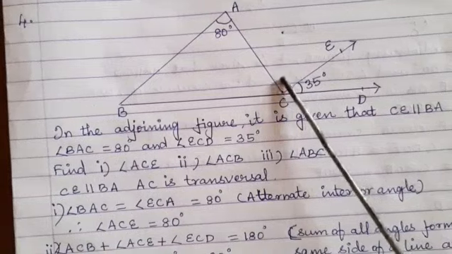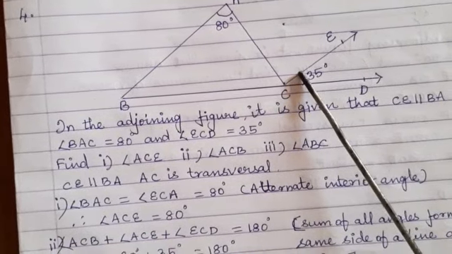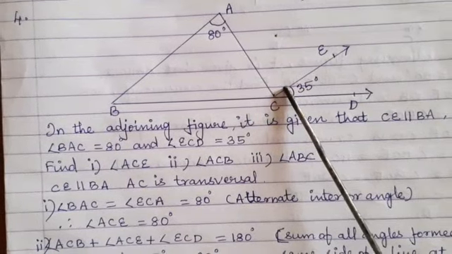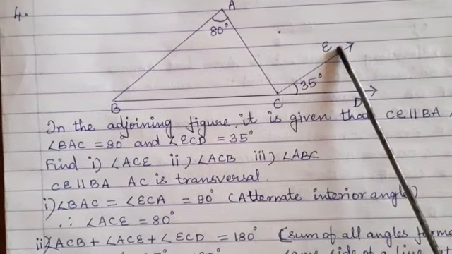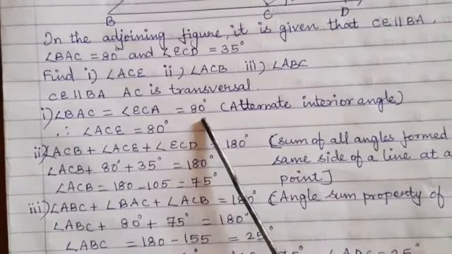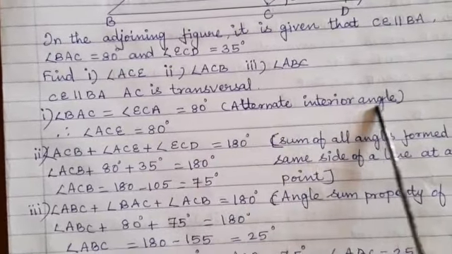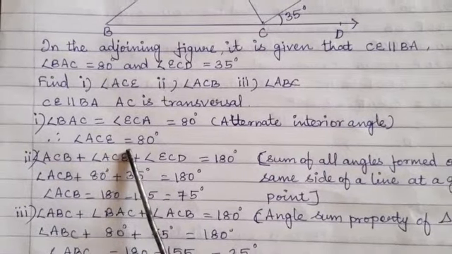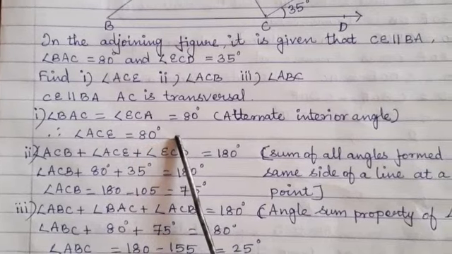Then this is an alternate interior angle, that is ACE. This angle is 80 degrees. You can say that ACE or ECA, both are the same, equal to 80 degrees. The reason is alternate interior angle. So therefore angle ACE is equal to 80 degrees.